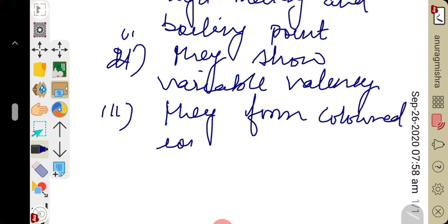And the last property is actinides are radioactive by nature.